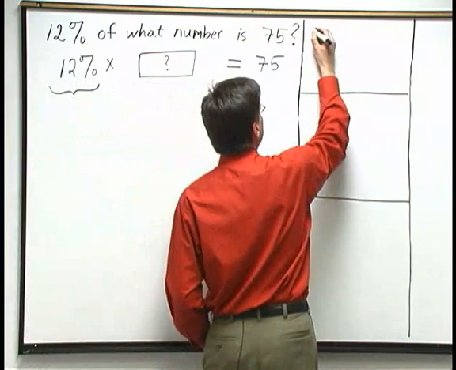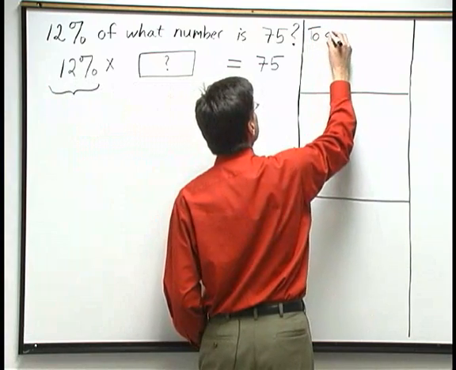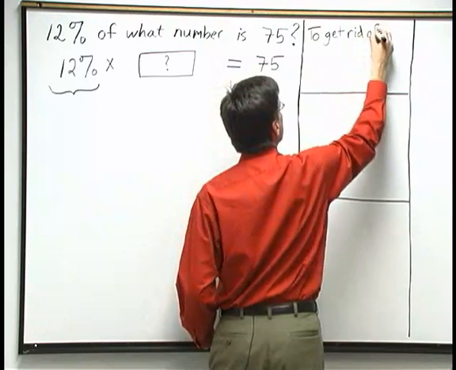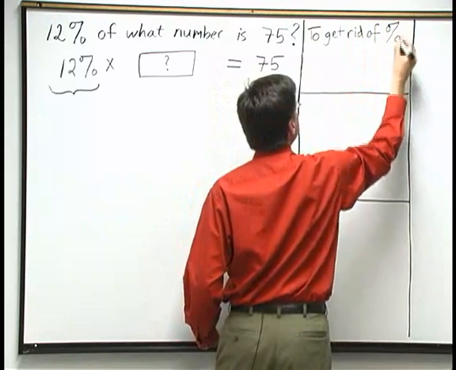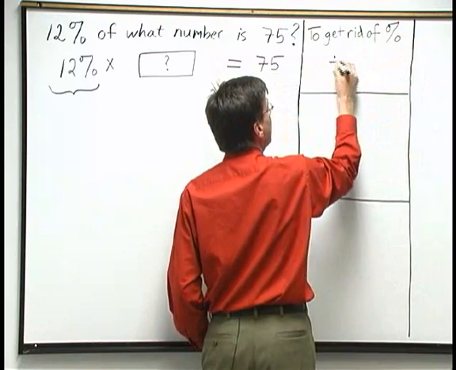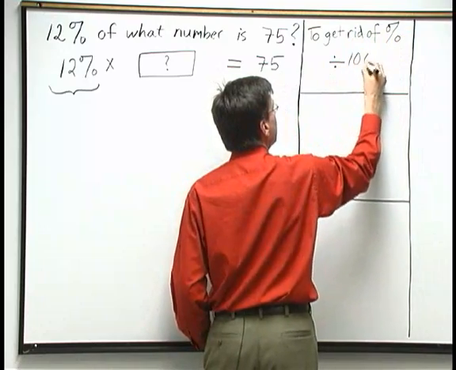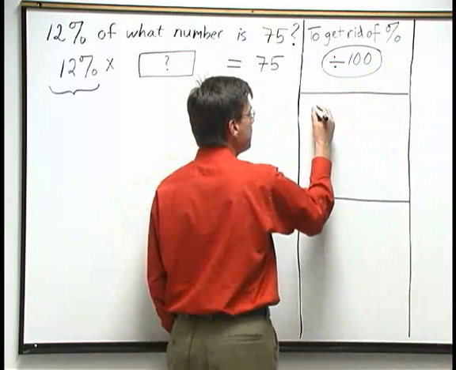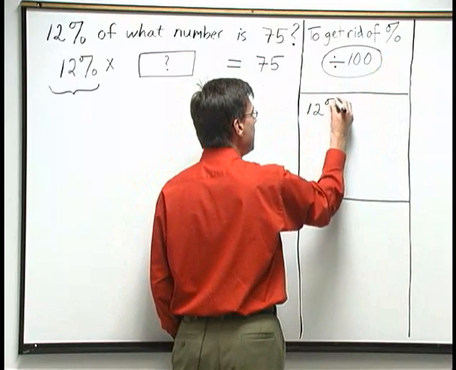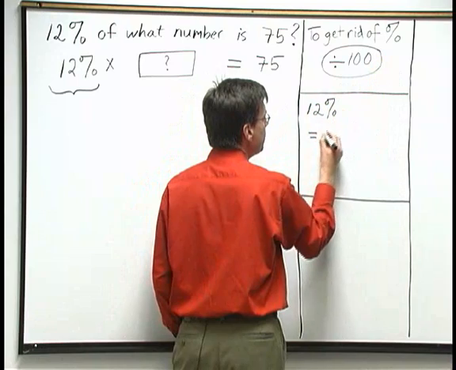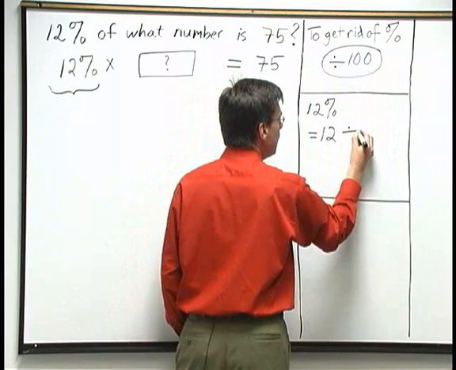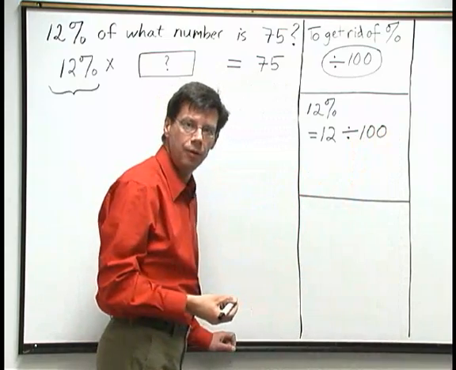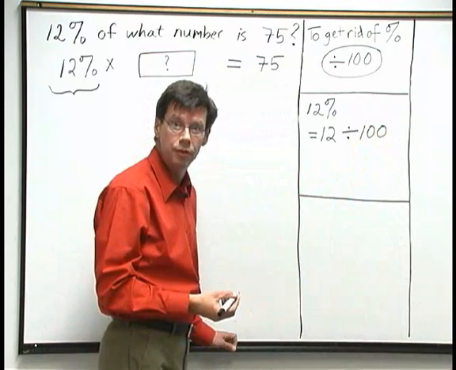Now, to get rid of a percent sign, what we do is we divide by 100. So with 12%, to get rid of the percent sign there, I'm going to take 12 and divide by 100. Now, there are a couple different ways we can do this.